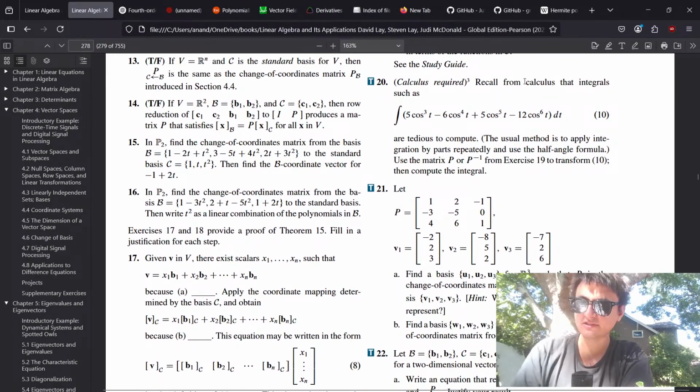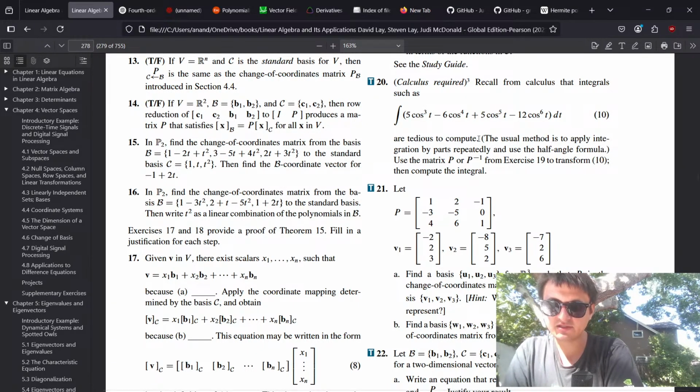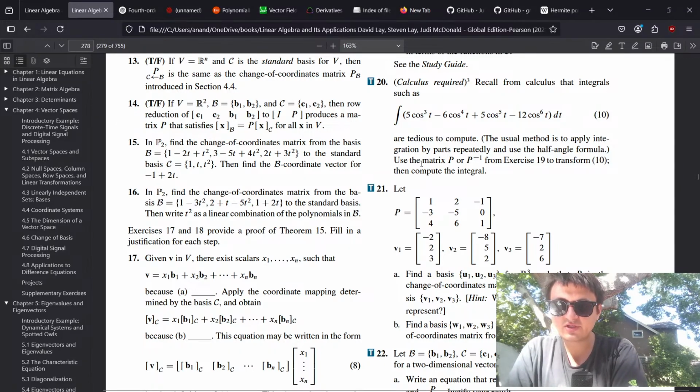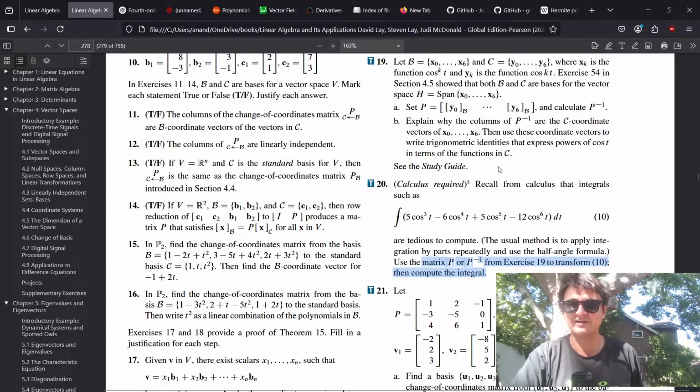Recall from calculus that integrals such as these are really tedious to compute. The usual method is to apply integration by parts repeatedly and then use the half angle identities. Use the matrix P or P inverse from exercise 19 to transform, and then dude, we gotta do 20 and 19. That's crazy.